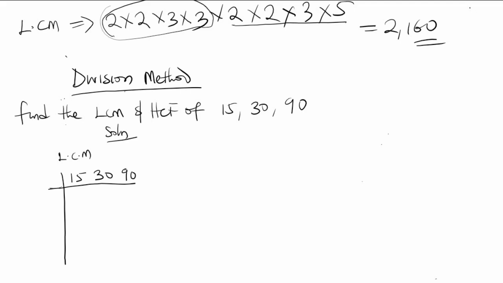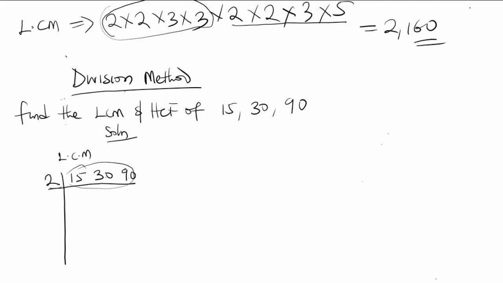We look at these numbers and we determine if any of these three numbers can be divided by 2. Yes, 30 can be divided by 2, 90 can be divided by 2. So let us divide by 2. 2 cannot divide 15 without a remainder.